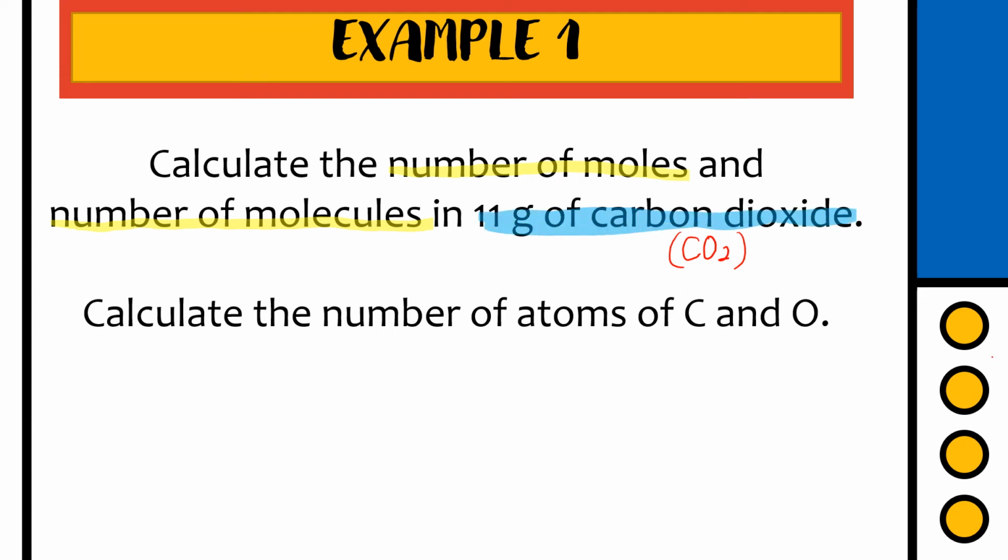So in 11 gram carbon dioxide, how many moles of carbon dioxide and how many molecules of carbon dioxide. That is the first part. The second part, still in the same carbon dioxide, calculate the number of atoms of carbon and oxygen. So you can try first on your own and then check the answer or continue with the explanation.